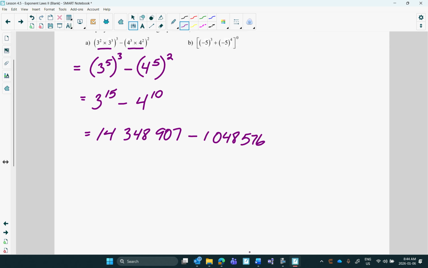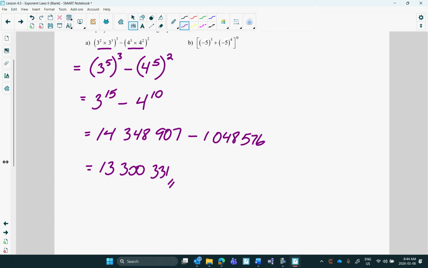We're just using our calculator. Remember, you should know how to do powers on your calculator. And now we just subtract these two answers to get a final answer of 13,300,331.